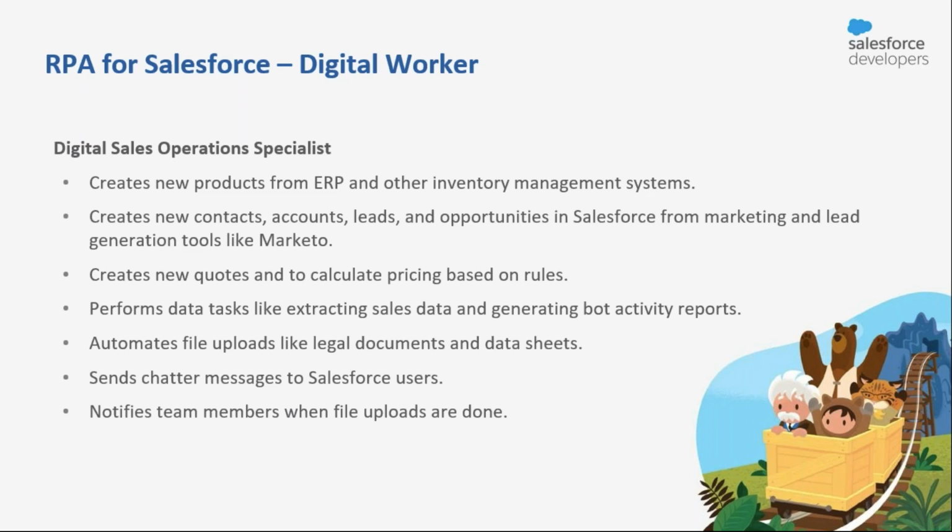He also performs data tasks like extracting the sales data and sending out messages to Salesforce. So here, multiple bots specific to these use cases can be bundled together to create this role-based automation solution. The goal is to assist the executive in handling his day-to-day activities in a better fashion so that he can focus on value-added tasks. That's about persona-based automation.